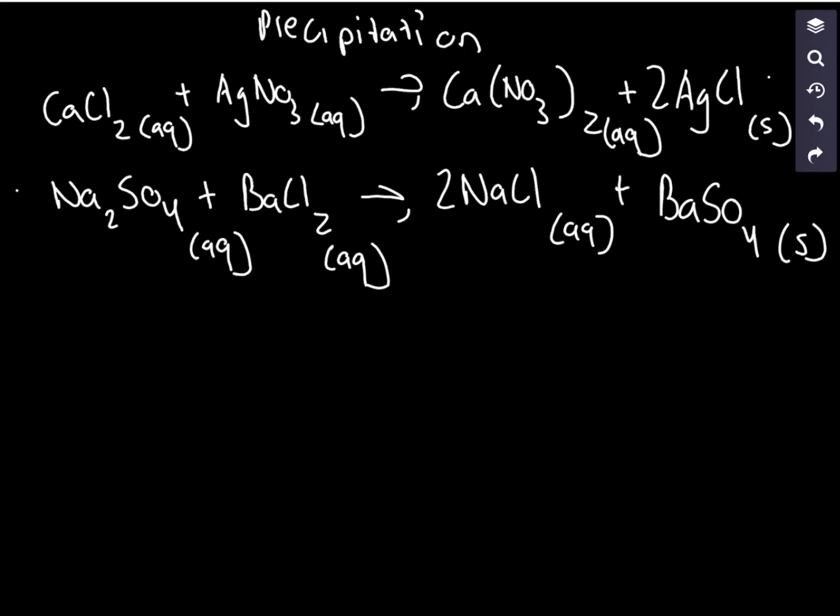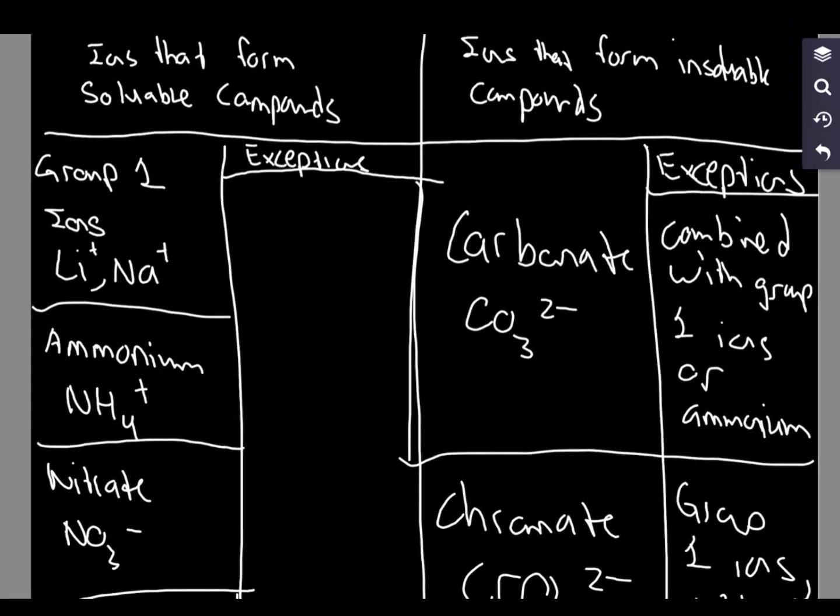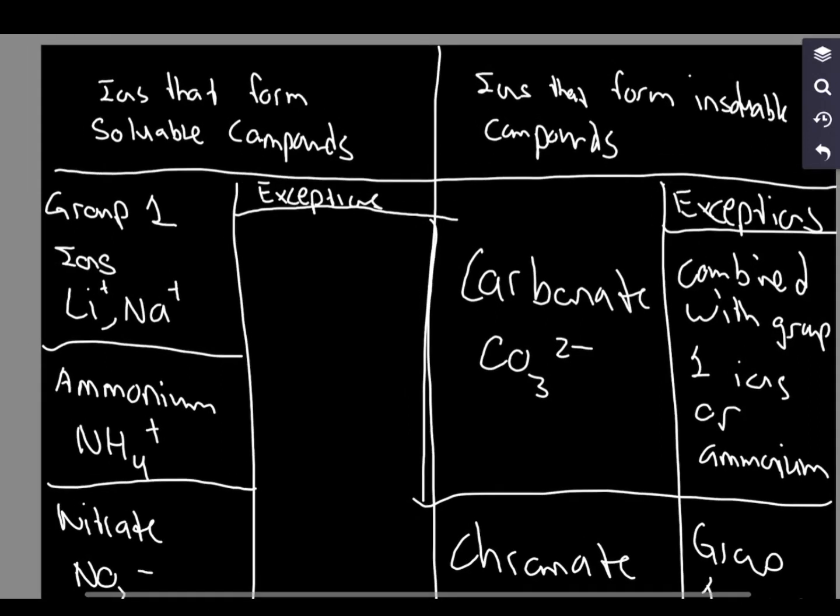Now, how would you know that a compound is aqueous? How do you know that you're going to end up with a solid? Well, this is why I'm just going to pull up my reference guide. It just tells you which compounds are going to be aqueous and which compounds are going to be solids. The group inside the arrow, this group right here, is going to be aqueous, okay?